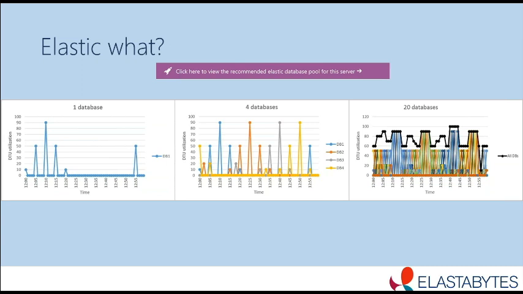Or if you have lots of extra space, it will recommend you to scale down and go with a smaller SKU of a database tier. It helps you to utilize the resources and pay for the resources you're actually using. In other words, it helps the business to save money.